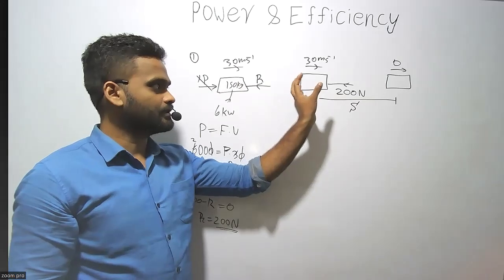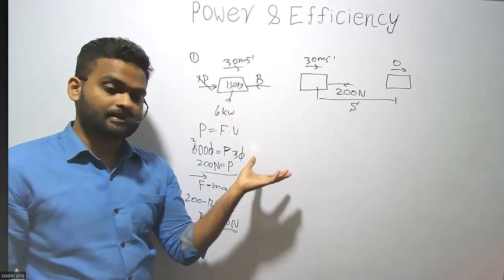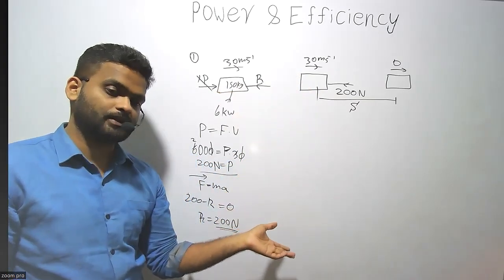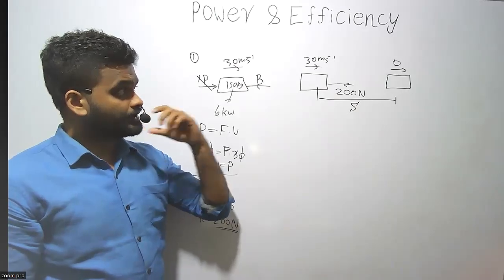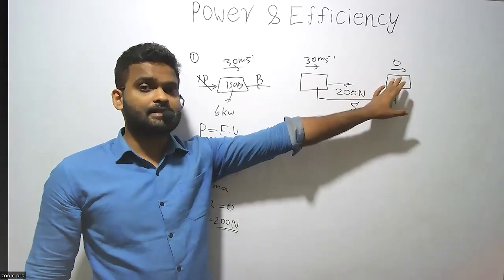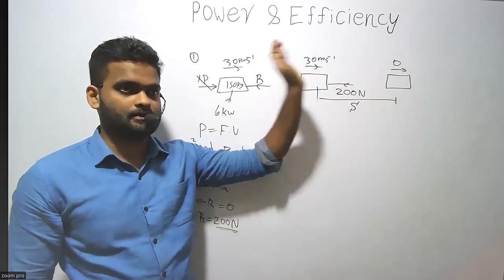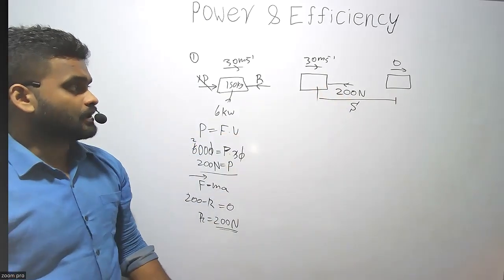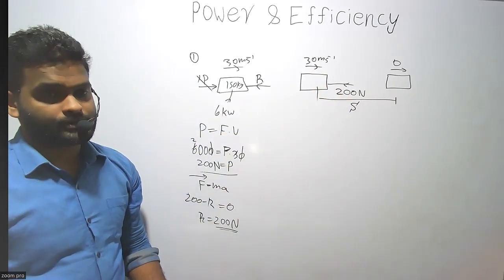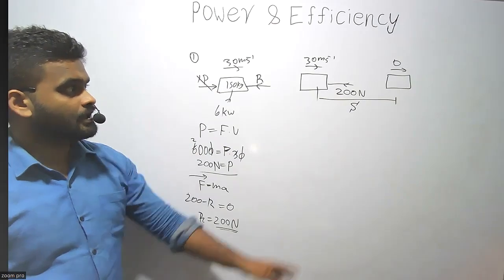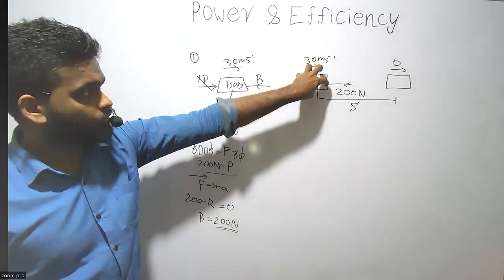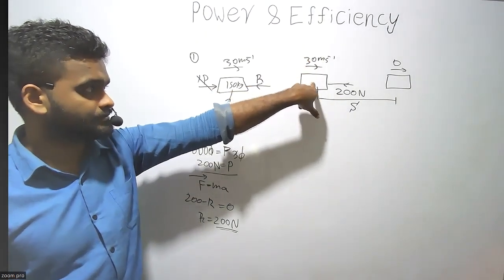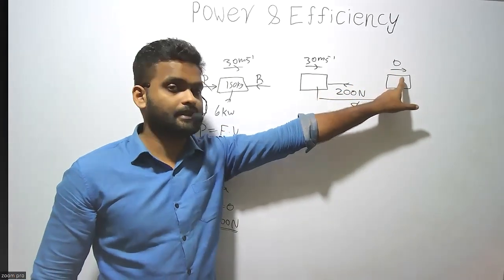Here, if you want, you can use F equals ma and motion equations. Easiest way is just use energy equations, right? So how can we use the energy equations? If you notice here, the boat has a kinetic energy. Here the kinetic energy is 0.